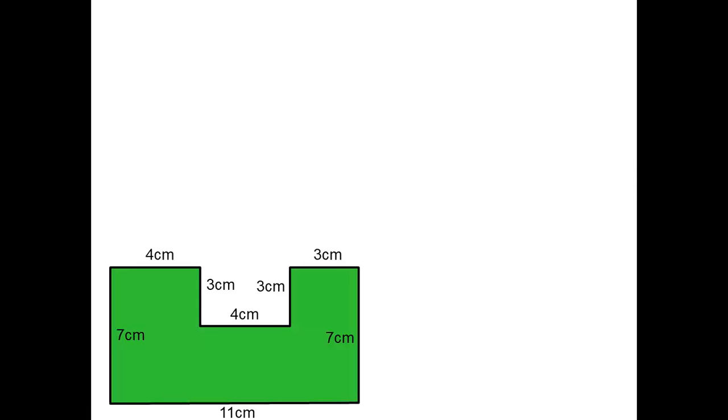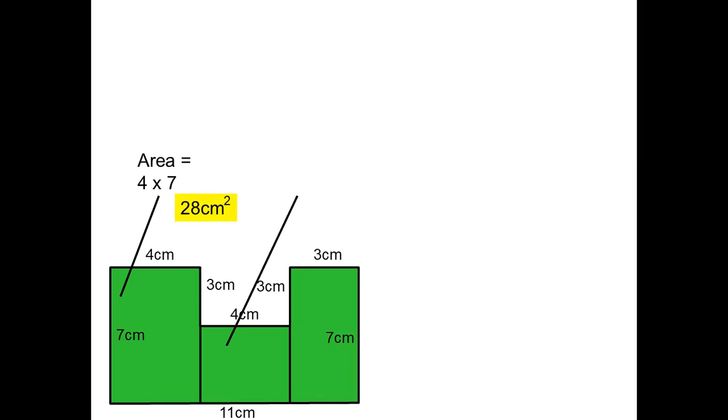If I have a shape like this, I'm going to divide it into three shapes, 1 and 2 and 3. Area 1 will be 4 times 7, which is 28. Area 2 will be 4 multiply, what do you think the side here is equal? Since all this side is 7 and part of it is 3, the rest of the side is going to be 7 minus 3, which is 4.